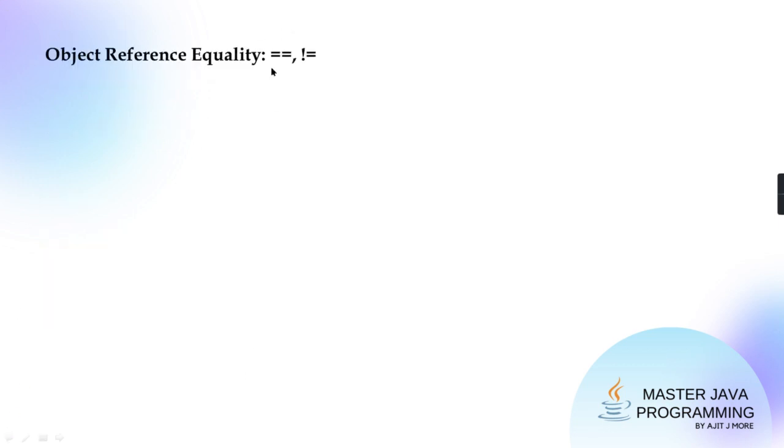Okay? Now see, guys, we are seeing the same operators again. Just now we studied these two operators. On the previous slide we studied these two operators. The same two operators we are studying now. The only difference is that now the operands are objects.